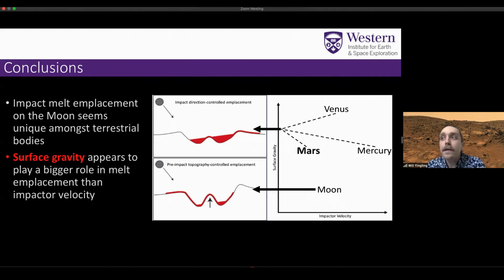Impact melt emplacement on the Moon seems unique amongst the terrestrial bodies, at least so far. We could see more follow-up work on Mars or on Ceres even, but it would seem that surface gravity appears to play a bigger role in melt emplacement than impact velocity in this case.